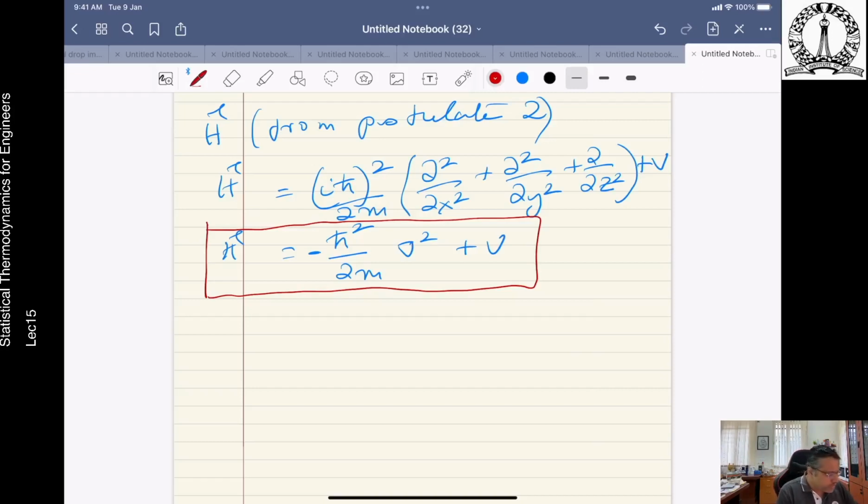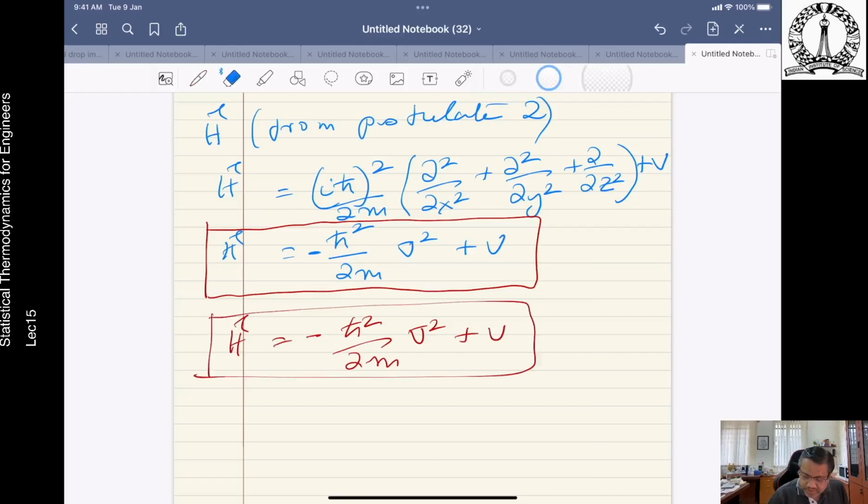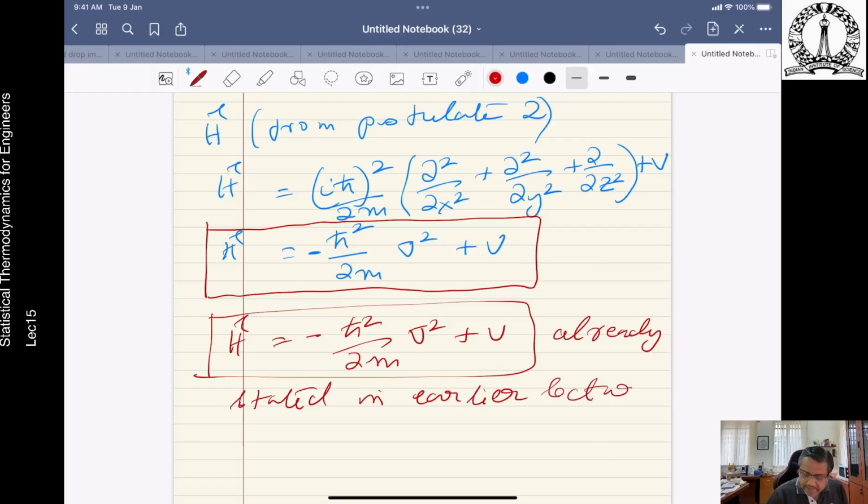If you recall the past lectures, the Hamiltonian operator we said is minus h bar squared by 2m Laplacian plus V. This was already stated in earlier lectures. But because potential energy is only a function of position, it is just the function itself, which is multiplication by V.